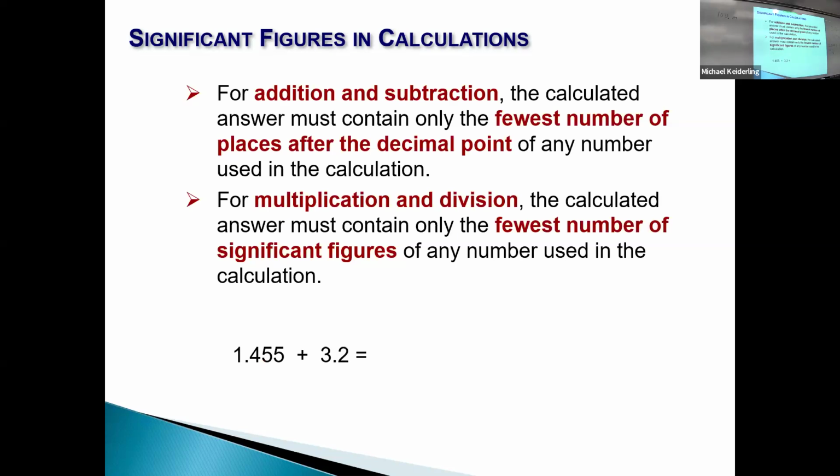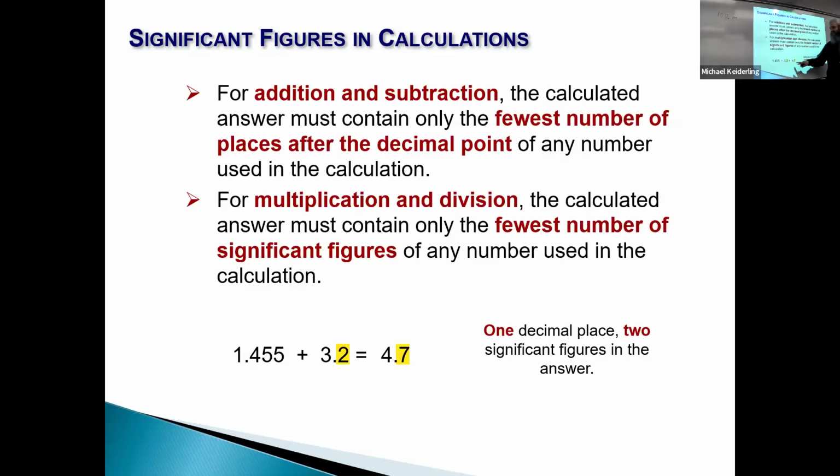So here we have 1.455 plus 3.2. That needs to be rounded to 4.7. So this has one decimal place because it's addition, and two significant figures. But if you use significant figures, well, this has two significant figures, this has two significant figures, it would have gotten you the same answer.